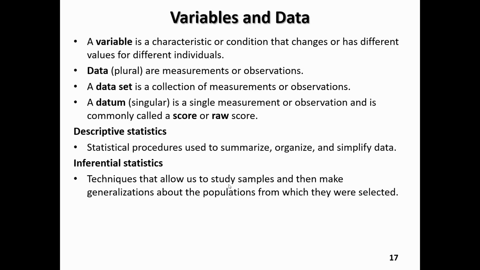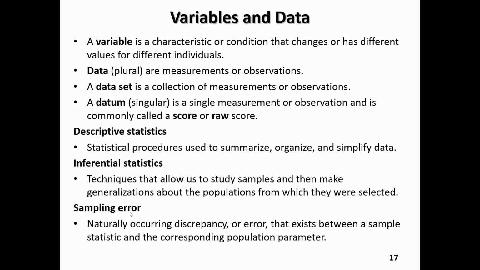So recall that when we talk about a sample, we're taking a small subset of a population and making direct observations on the sample, but we don't have direct observations on the entire population. Inferential statistics allows us to extend our data obtained from the sample to arrive at conclusions about the population, given that there will be a degree of what's called sampling error, and I'll illustrate that on the next slide.